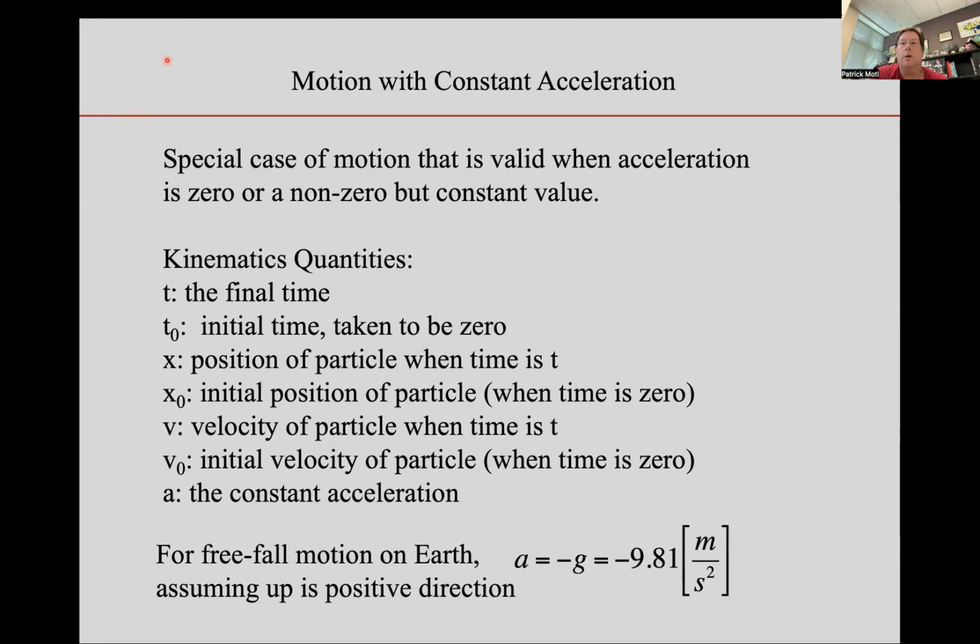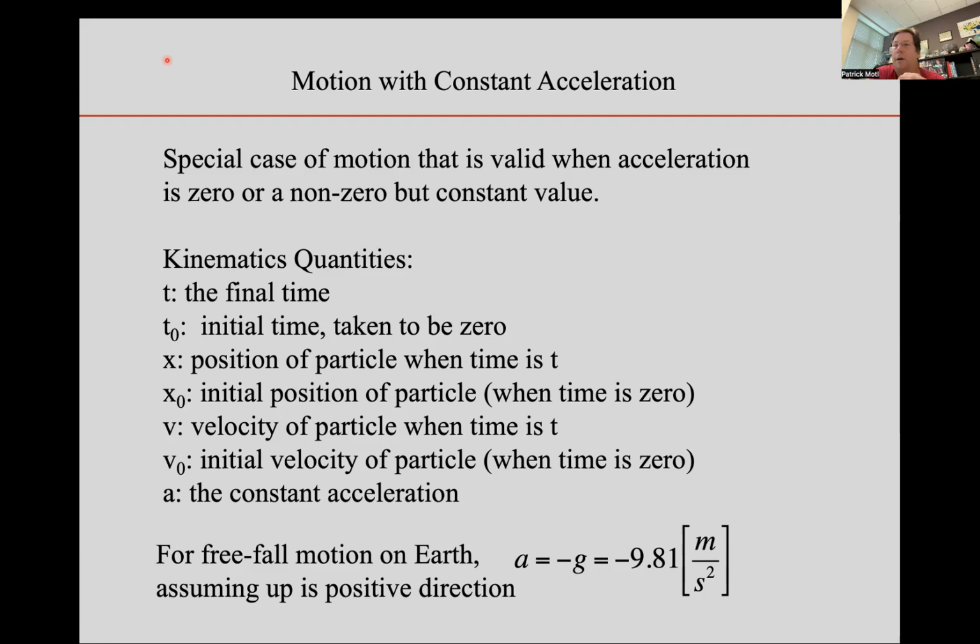In our discussion of motion in one spatial dimension, I want to take some time to focus on a limiting special case that is nonetheless broad and generally useful. It's actually just a really good way to develop some of your physics intuition.